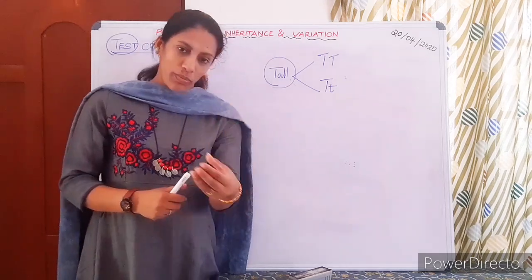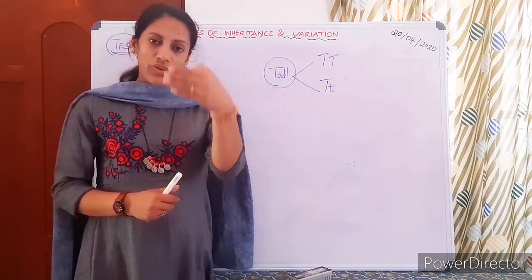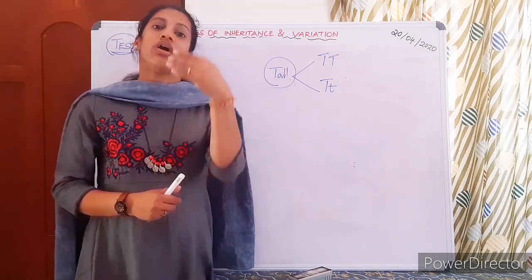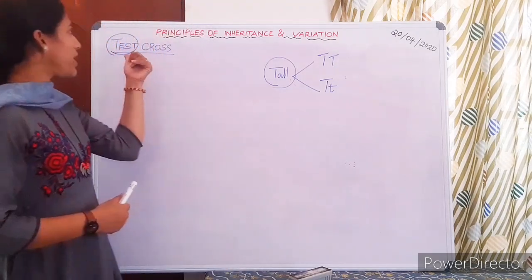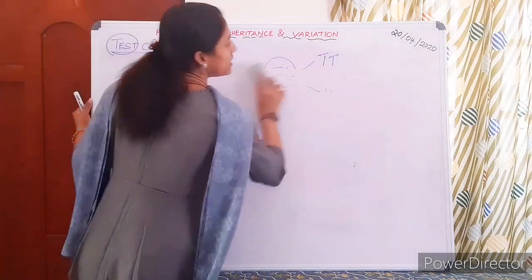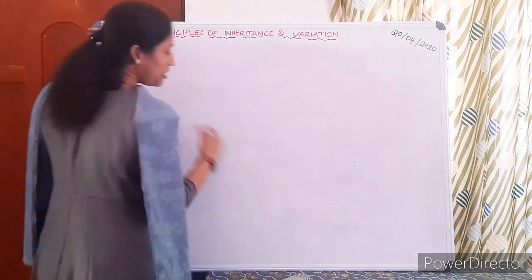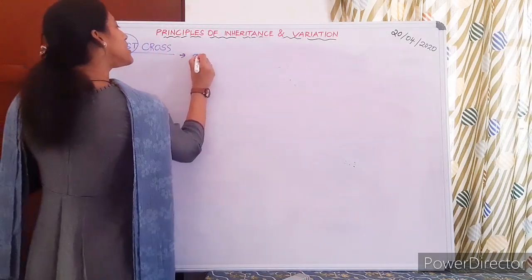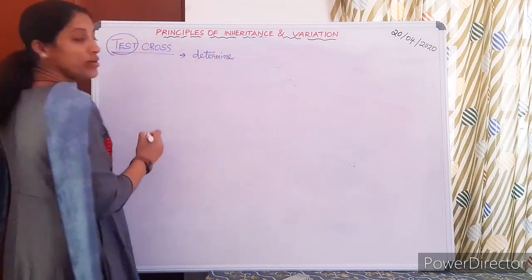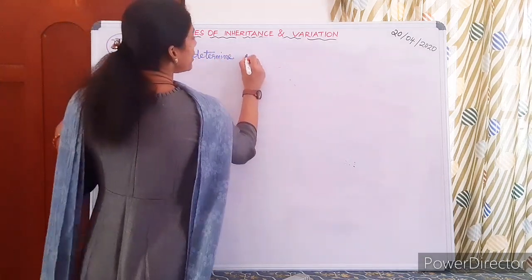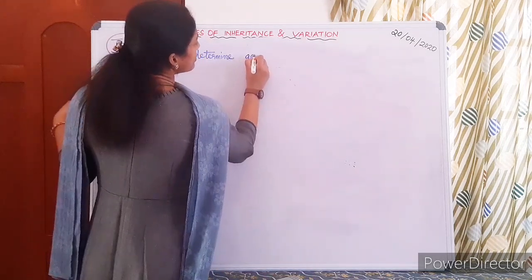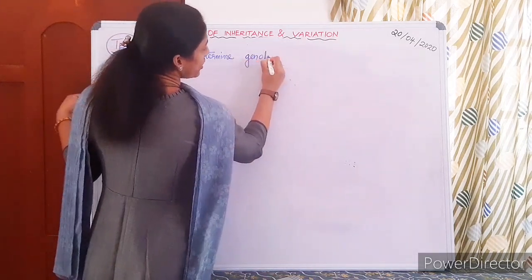Then how can you test it? If a plant is given to you, how can you test whether it is homozygous tall or heterozygous tall? It is by a test cross. So what is the aim of the test cross? A test cross is conducted to determine the genotype of the dominant trait. Phenotype we are clear about because we can see it as tall or dwarf, but genotype we cannot say.